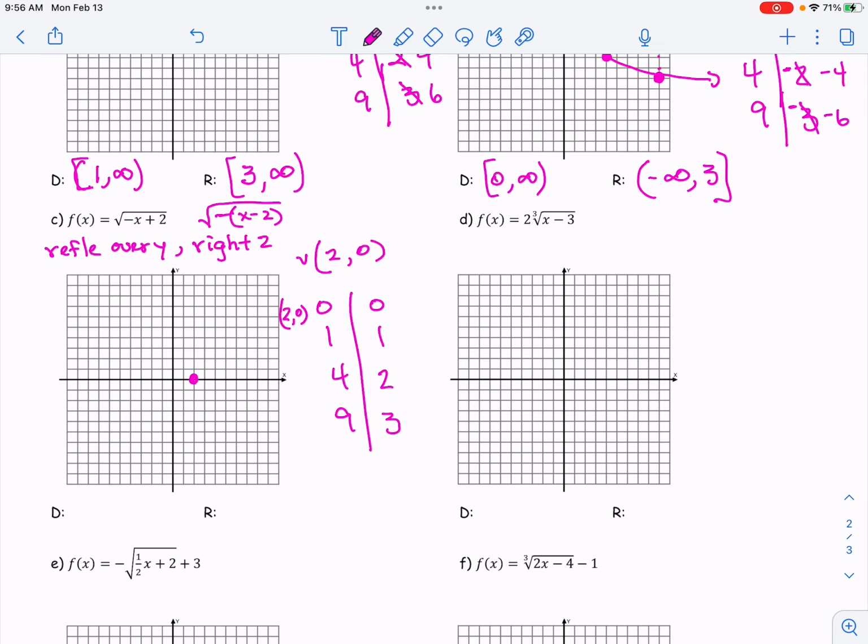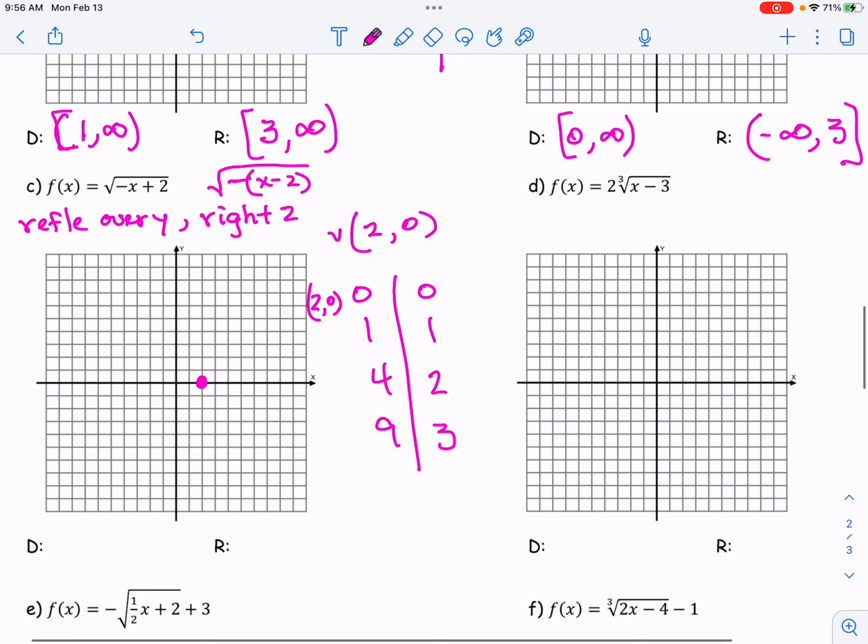2, 0. It's reflected over the y, so the x changes. I go left 1, up 1. I go left 4, up 2. Left 9, and up 3.